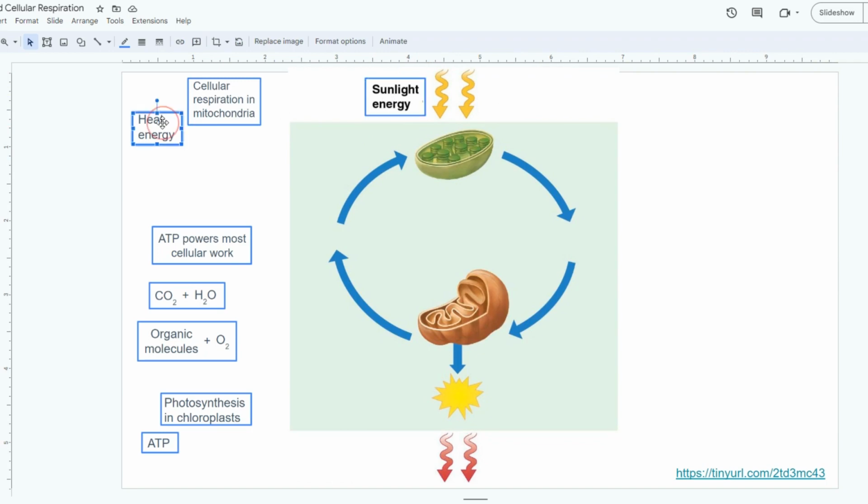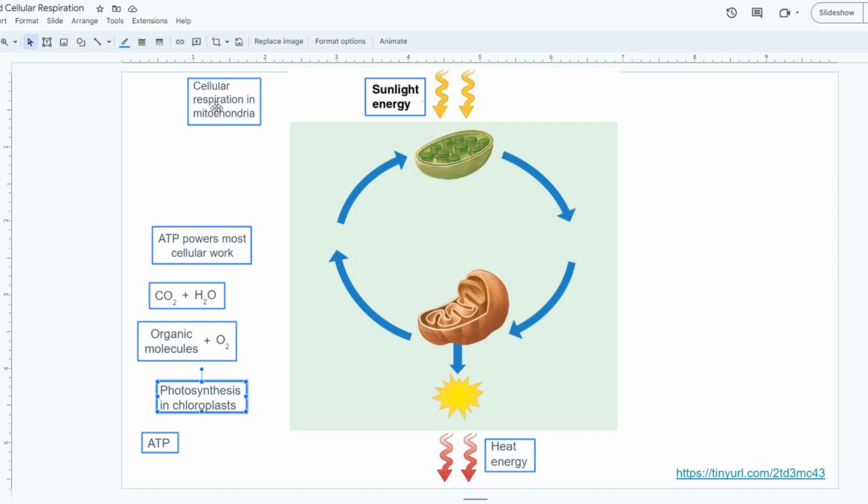Now the thing that gets lost, that's not utilized, that's heat energy. You may not have thought about that. Now, photosynthesis in chloroplasts is happening somewhere.